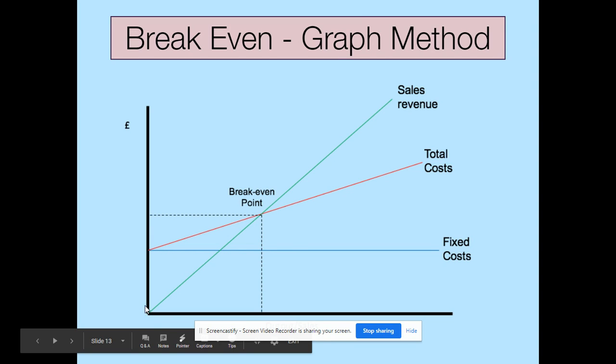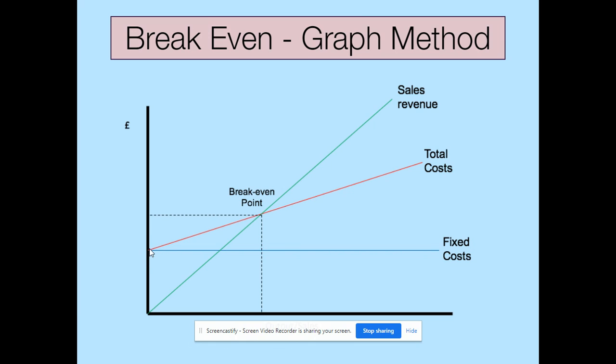But you're considering all the costs, so fixed cost plus variable. So you start from here. And it's upward sloping because as production goes up, so does the money that I spend. So the more goods I produce, the higher my cost, the money that I'm going to pay. That's why it's upward sloping.